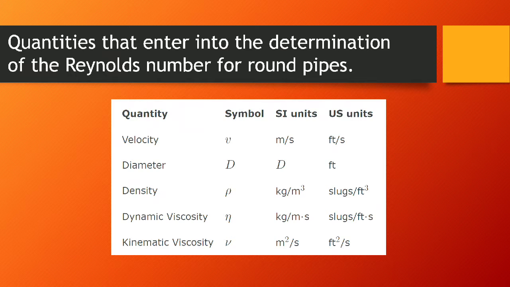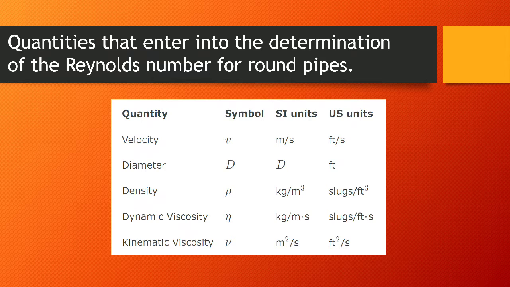The quantities that enter into a determination of the Reynolds number for a round pipe are listed here with the quantity, the symbol, the SI units, and the US units. Velocity is expressed as meters per second, or in US units, feet per second. The diameter is in meters in SI units, or feet in US units. Density is in kilograms per cubic meter in SI units, or slugs per cubic foot in US units.